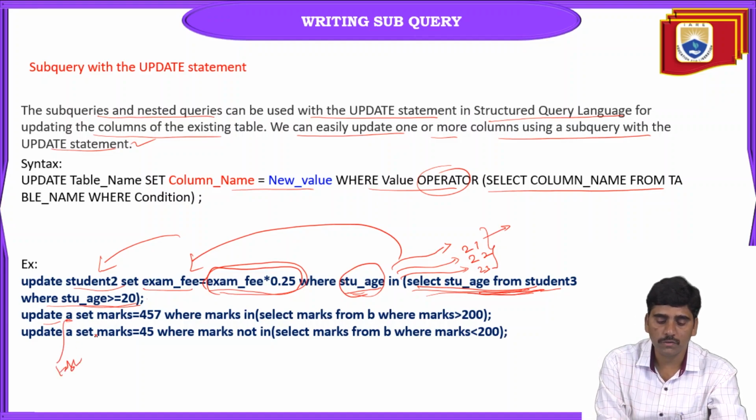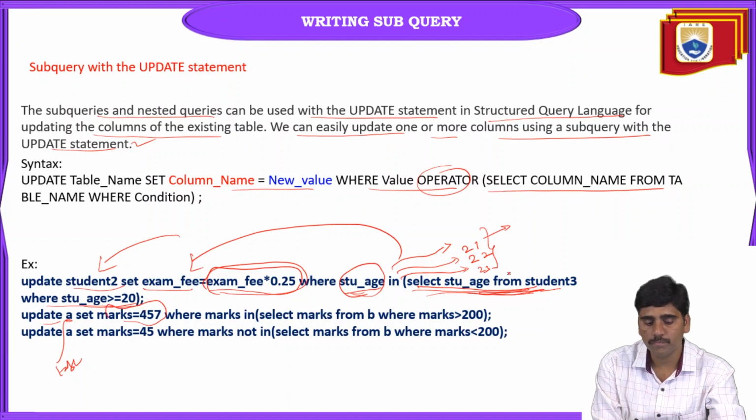And similarly, you can see here: update A. A is nothing but the table name. Update A, set marks equals 457.